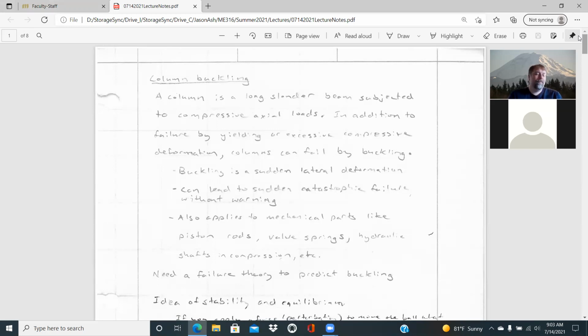That was decided upon because ME316 is a required course, so all of our mechanical engineering students have to take it. Buckling is a topic that you'll discuss more in Machine Design 1, ME322, which is also a required course, so it'll go into more depth.